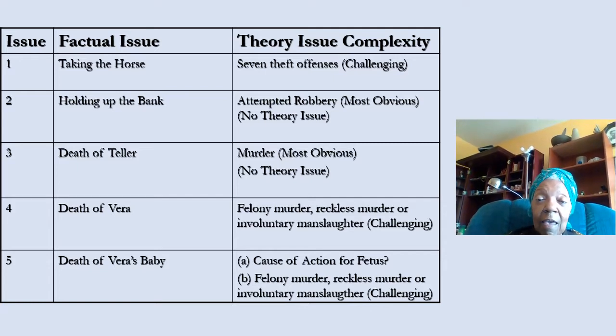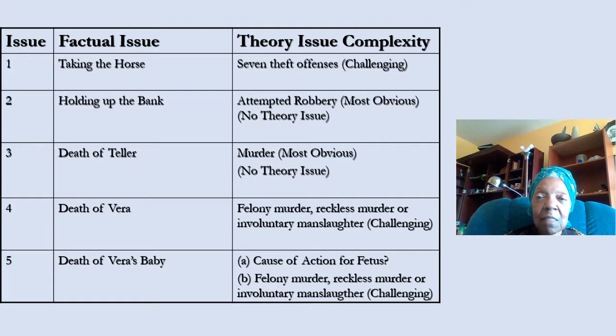Then you would say, even if you decided that no, a fetus cannot have a cause of action, you would still say, but in the jurisdictions that would allow a cause of action, it's still a challenging issue of what cause of action. Is it going to be felony murder, reckless murder, involuntary manslaughter?